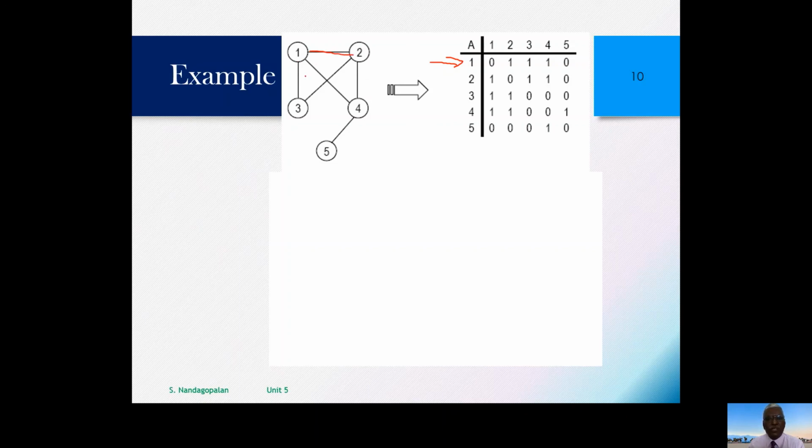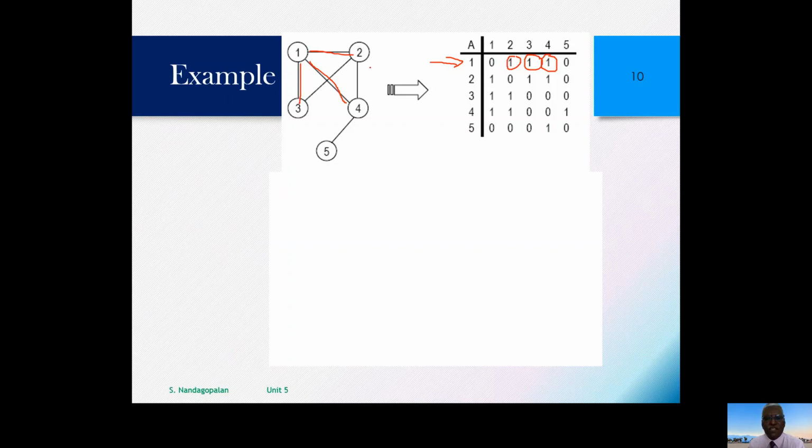These are the adjacent vertices: 1 to 2, 1 to 3 and 1 to 4. So for 1 to 2 I should put 1, for 1 to 3 it is 1, and 1 to 4 is also 1. Now 1 to 5 is 0, and 1 to 1 is not a loop, so there is nothing like that. So the first row consists of 3 edges: 1 to 2, 1 to 3, 1 to 4.